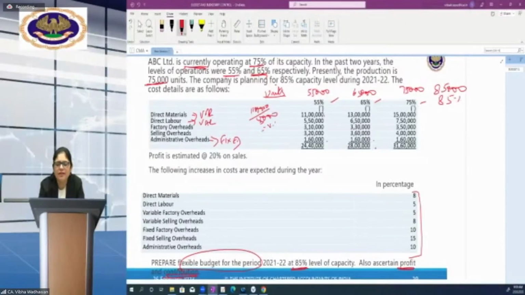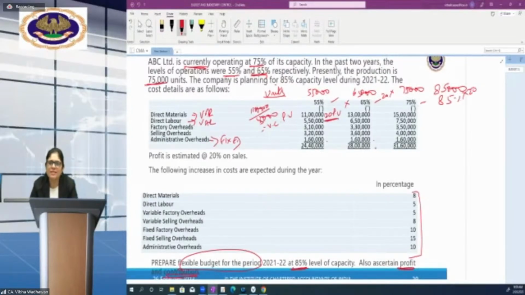Always calculate the variable cost per unit, right? It's coming out to 20 per unit. Now 20 per unit should be constant for every level of activity. 20 per unit into 65, 20 per unit into 75 and 20 per unit into 85.